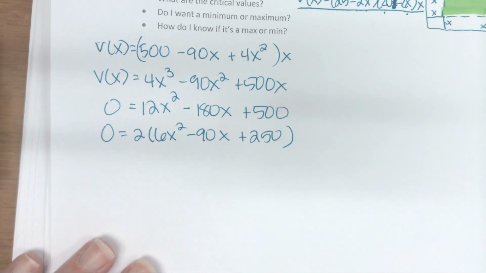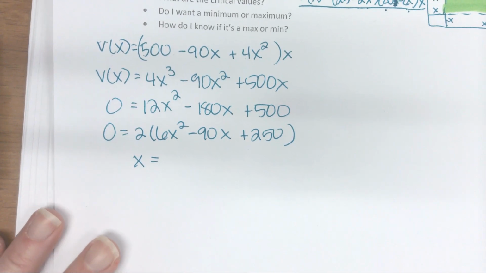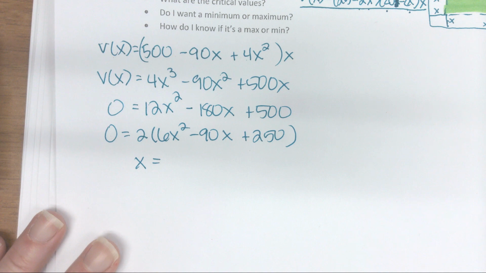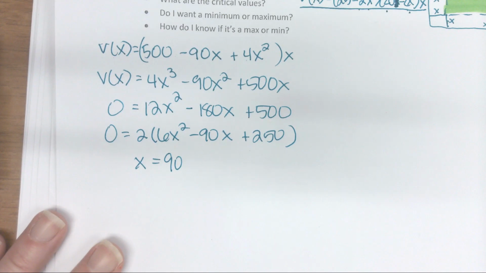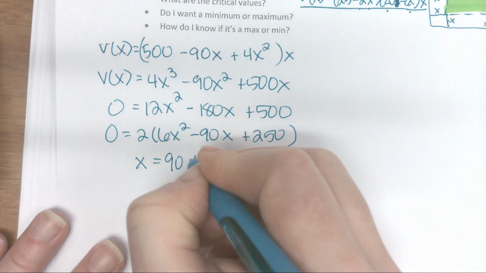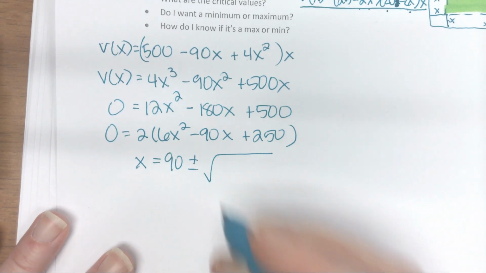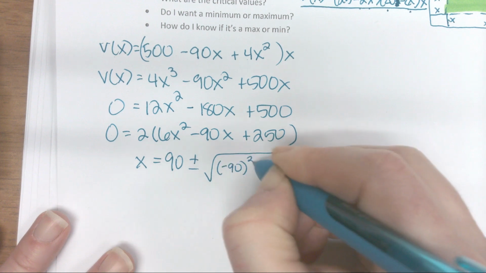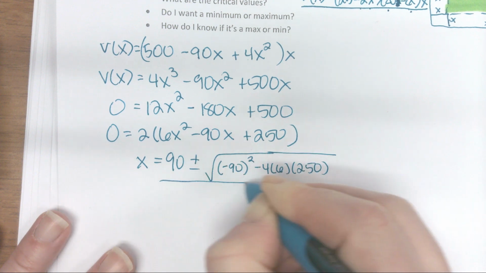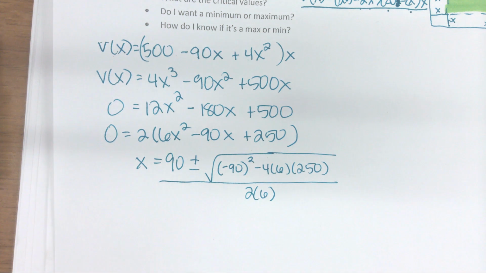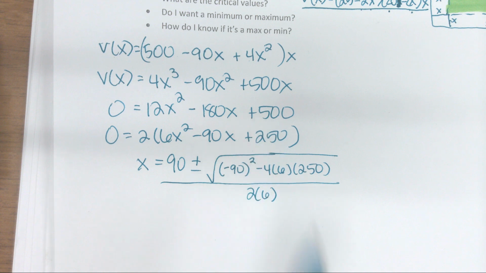All right, so x equals what? Negative b plus or minus. What comes next? Square root b squared minus 4ac. In a second, we're going to get the same answers as if you didn't notice to pull the 2 out. It's just that they're a lot smaller numbers to deal with.